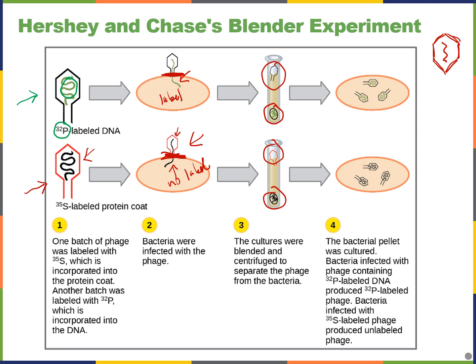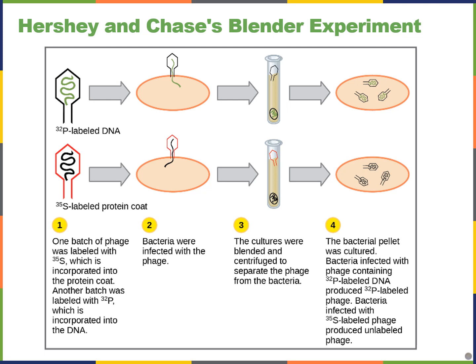When they examined the cells, they saw that there was indeed radioactive labeling in the progeny, so in the viruses that were built within the cell that was infected. So these were labeled. But in the second batch, where the protein shell was originally labeled, there was no labeling.